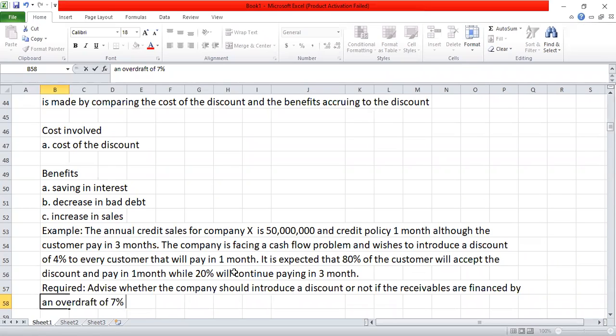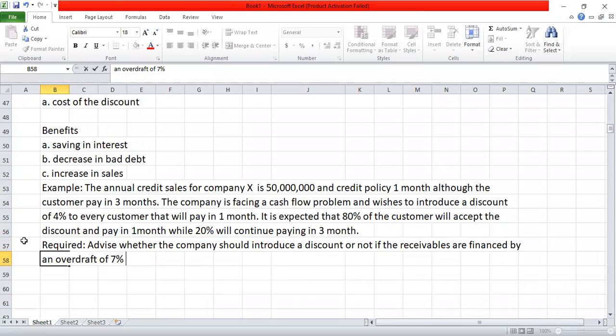It is expected that 80% of the customers will accept the discount and pay in 1 month, while 20% will continue paying in 3 months. Advise whether the company should introduce a discount or not if the receivables are financed by an overdraft.